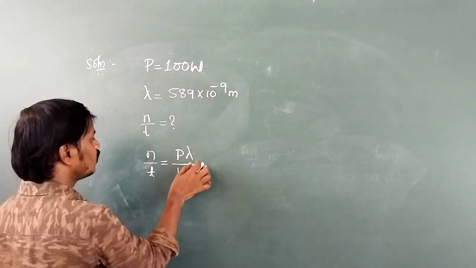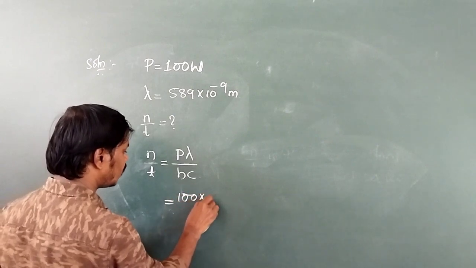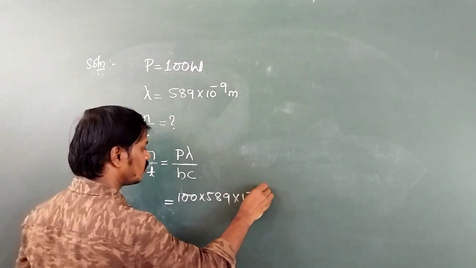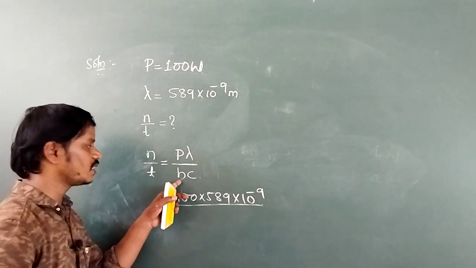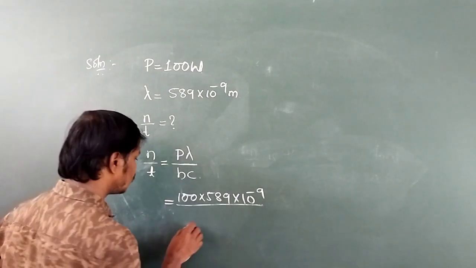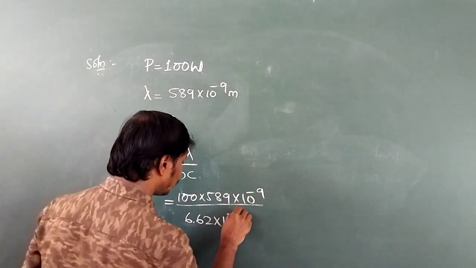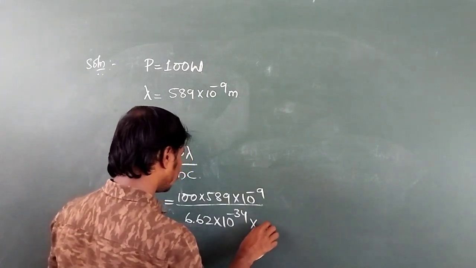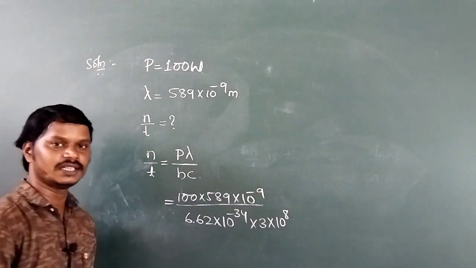P is 100 and lambda is 589 into 10 to the power of minus 9, divided by h into c. h is Planck's constant and c is the speed of light. So that is 6.62 into 10 to the power of minus 34 into 3 into 10 to the power of 8.